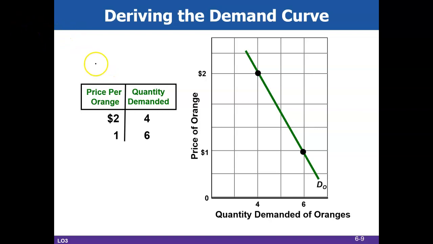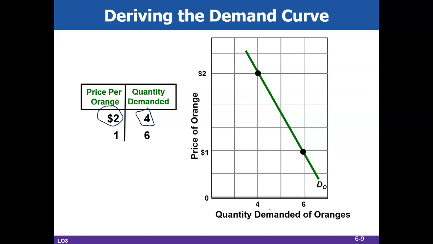So what we can do here is imagine that if oranges are $2, right, we know that the consumer demanded 4 oranges. Okay, this was in the last slide, right? 4 oranges when the price was $2. So whenever the price was $2, the quantity demanded is 4. That's a point on the demand curve. If I lower the price of oranges, and notice I'm only doing a demand curve for one of the goods.